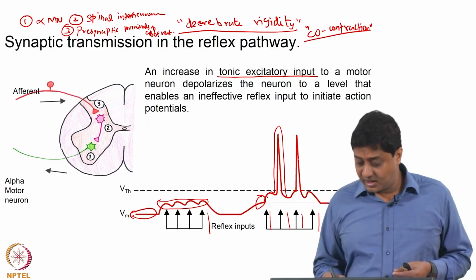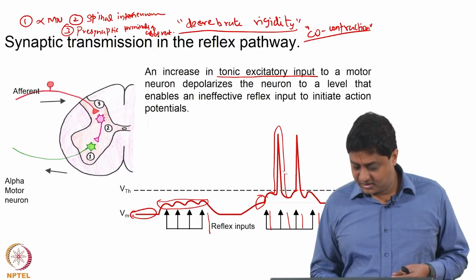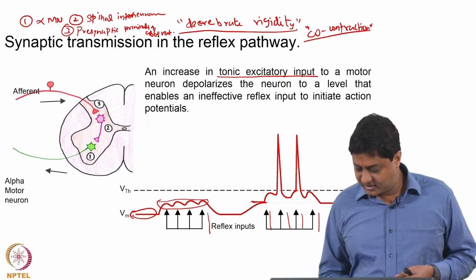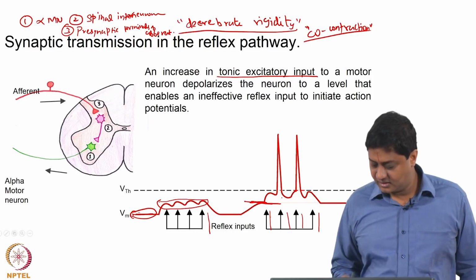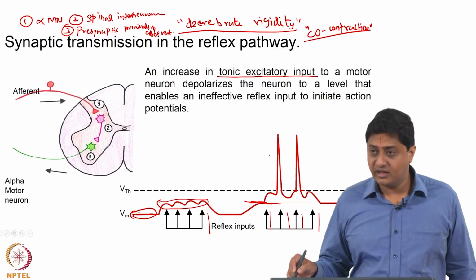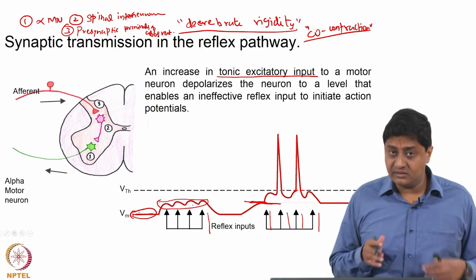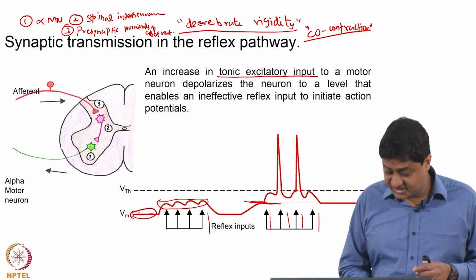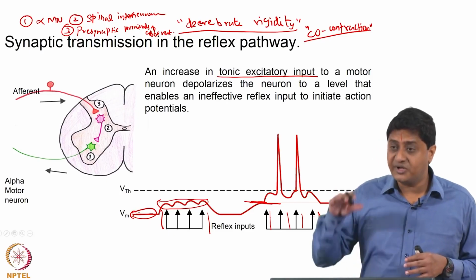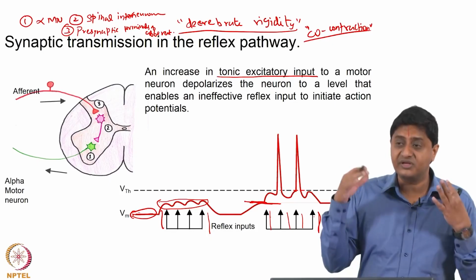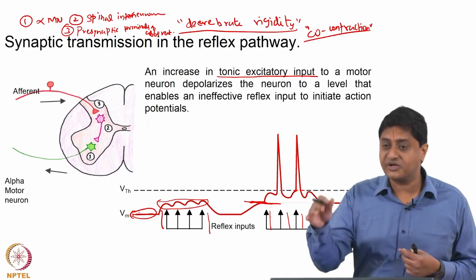So, depending on whether the resting state is here or here, the response will vary, and the stimulus, let us remember, remains a constant. For the same stimulus, depending on the excitatory inputs coming from the top, coming from elsewhere, the response can vary.